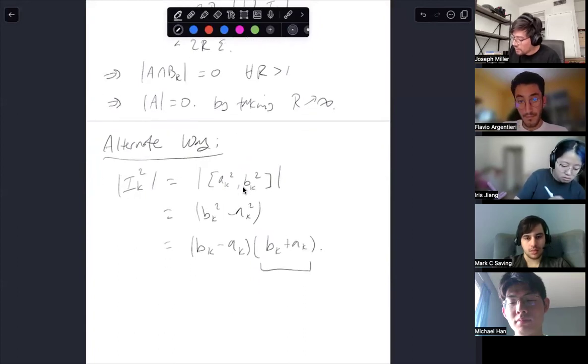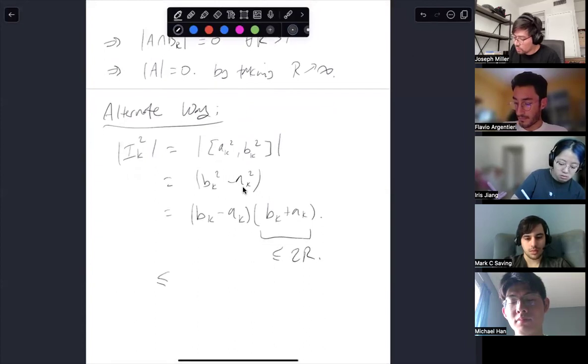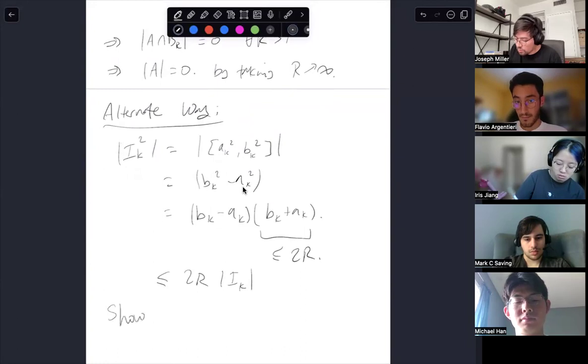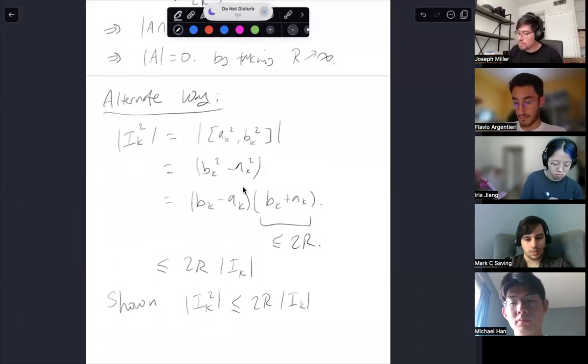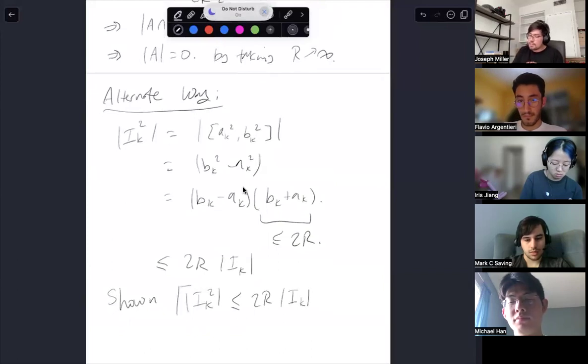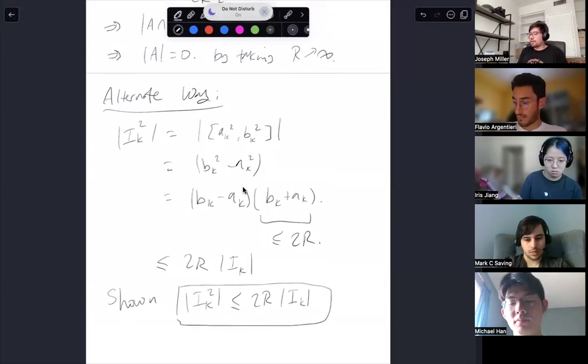And if I know that bk and ak are bounded, this is less than or equal to 2r, so the whole thing is less than 2r times this guy. Really the whole point of the exercise is to show that when I take an interval, the simplest thing I know how to deal with, I get bounds like this. I can control one in terms of the other. Does that make sense?